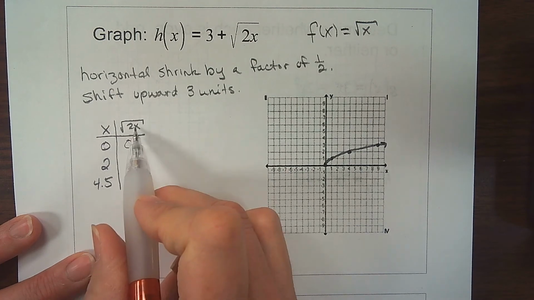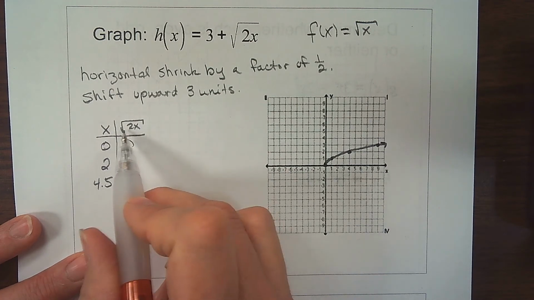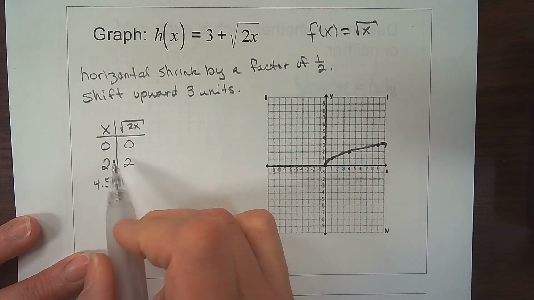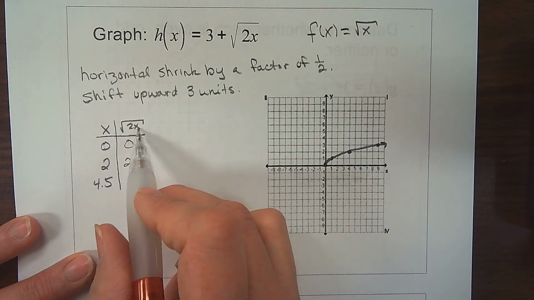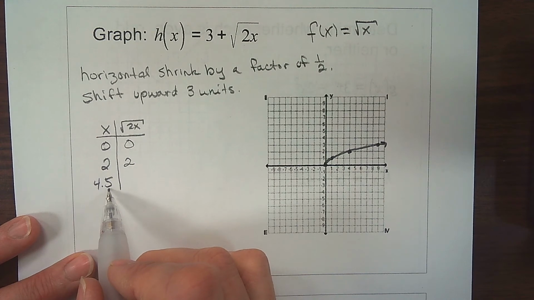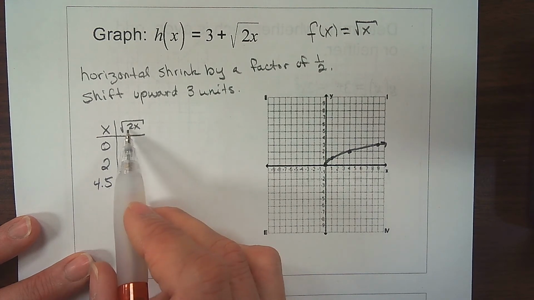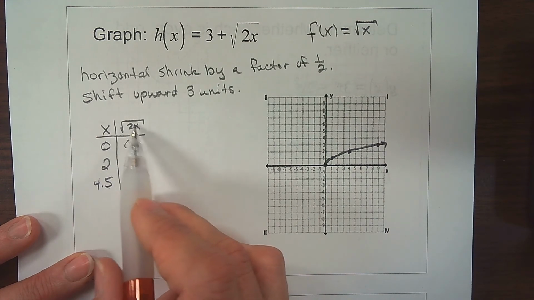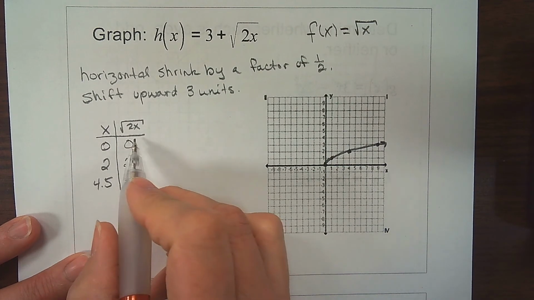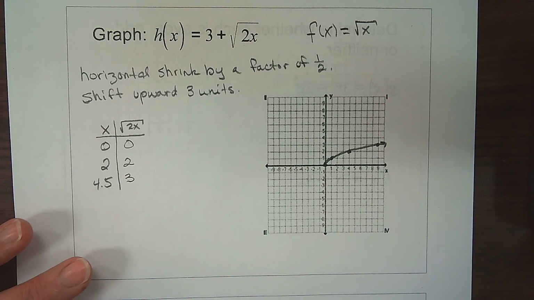Why do you suppose I picked a 2? Well, 2 squared is 4, and that's a perfect square, so the square root of that 4 would give me an output of 2. Hey, maybe I should have picked a half here as well, because 2 times a half is 1, and the square root of that is 1. That would have been another nice point to pick. I picked 4.5 because when I double that, 2 times 4.5, I get 9, and the square root of that 9 is 3. So I picked these thinking about how I could get some nice outputs.